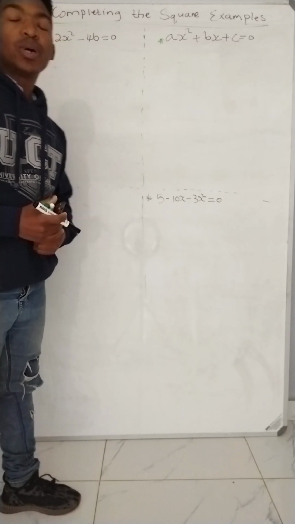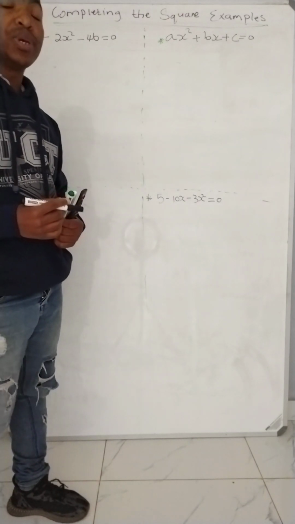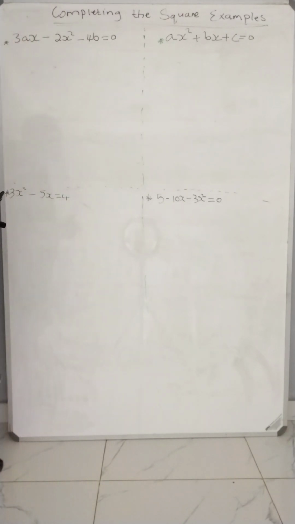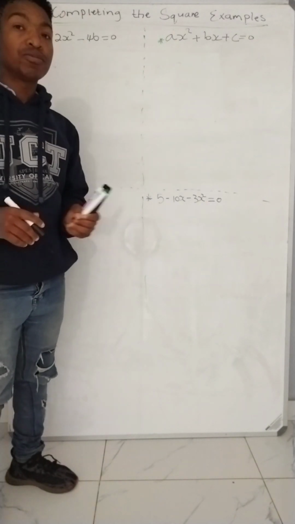So just to bring you guys up to speed, in the first video we introduced quadratic equation. In the second video we did examples that you could be expecting in quadratic equation. In the third video we did introduction to completion of the square.